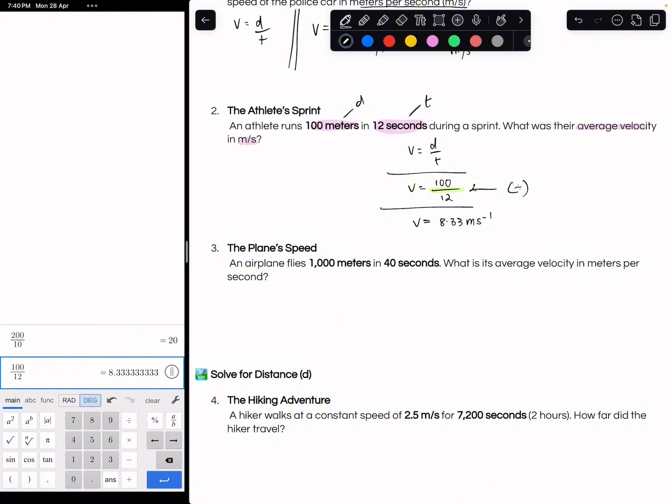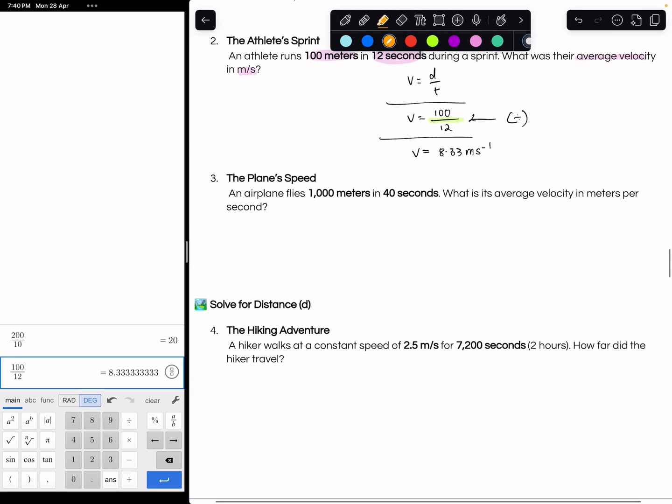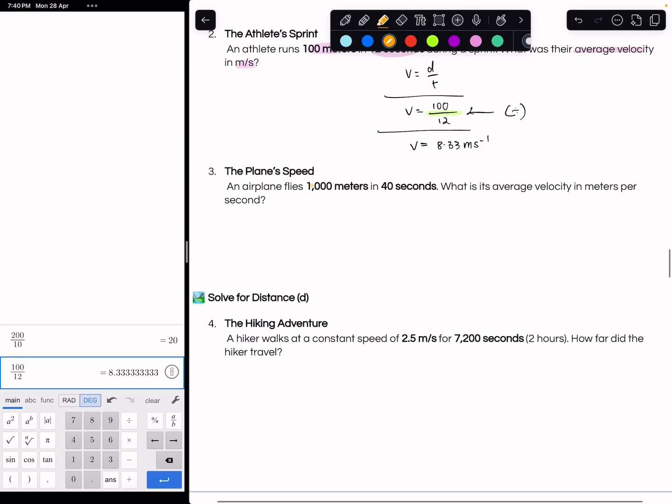Next question. Let's grab a different highlighter this time, feeling like orange. The airplane flies 1,000 meters in 40 seconds. What is the average velocity of the plane in meters per second? Okay, by now hopefully you're getting a little bit more comfortable with this. So again, let's write out the equation that we're using. We've got distance and we've got time here. Let's substitute this in.